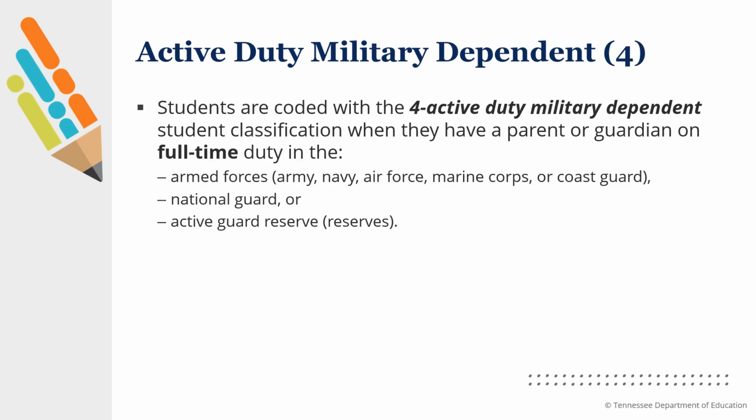Students are coded with the 4 active duty military dependent student classification when they have a parent or guardian on full-time duty in the military. That is full-time duty in the armed forces, including the Army, Navy, Air Force, Marine Corps, or Coast Guard, or full-time duty in the National Guard, or full-time duty in the Reserve. So again, the key here is full-time status.